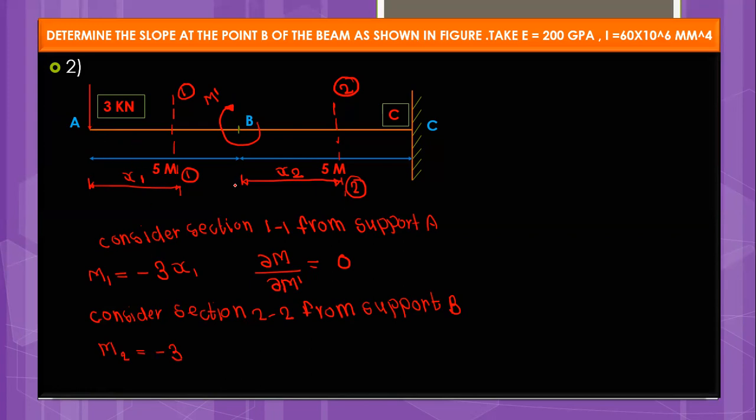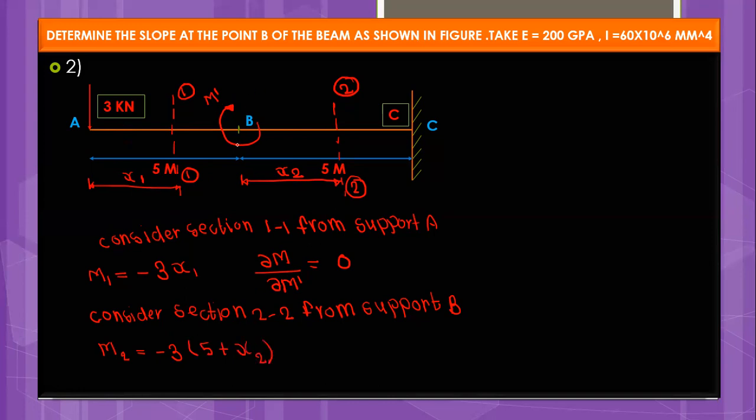So minus 3 into, this is x2, so 5 plus x2, because this is the perpendicular distance at section 2-2. We are at section 2-2, so it is creating a hogging moment. That's why we have taken the minus sign, and the perpendicular distance is 5 plus x2.